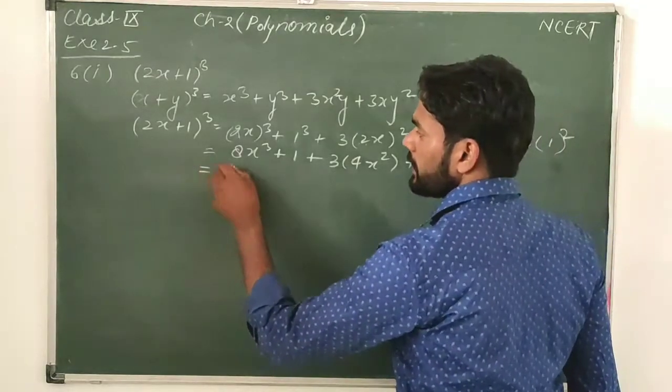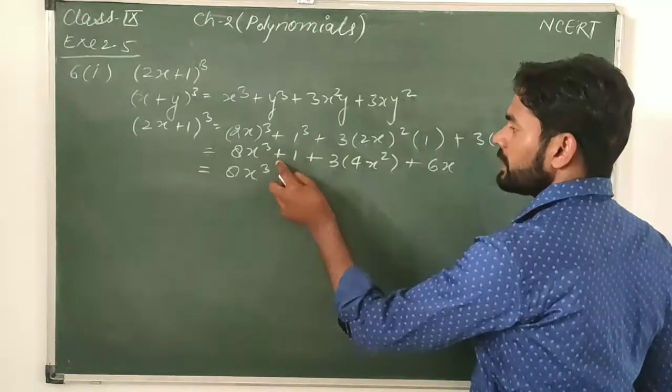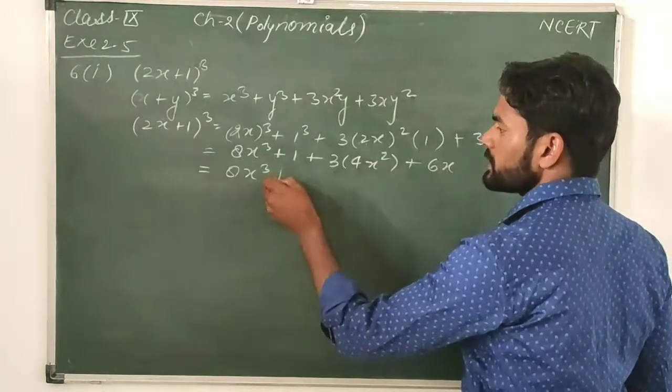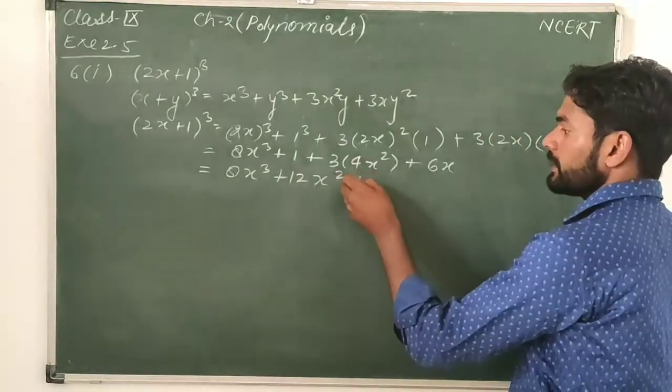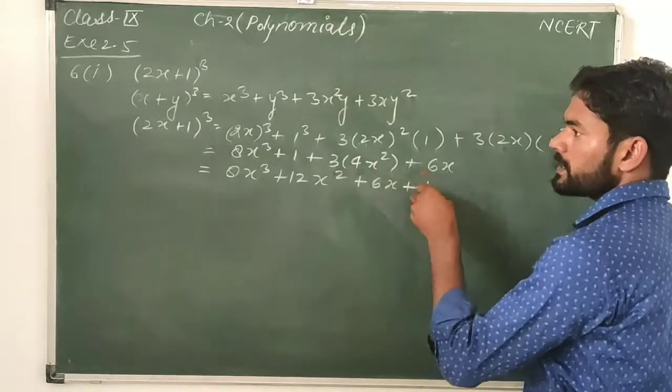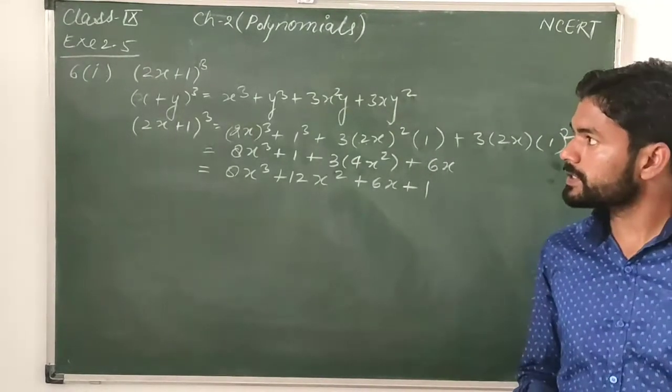Next step: 8x cube, power 3 then power 2, 4 threes are 12x square. I am just arranging: plus 6x plus 1. It is the first part of question number 6.